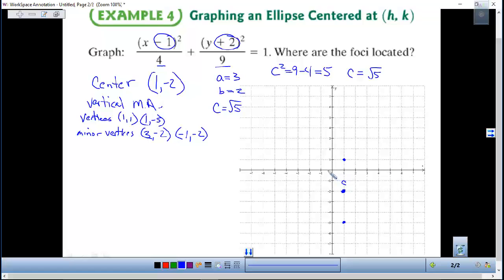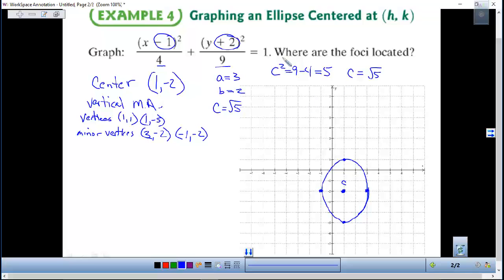So I have (3, negative 2) right there, and I have (negative 1, negative 2) right there. Now at that point, I can kind of get an idea of what my ellipse is going to look like. Something like that. Doesn't have to be perfect.